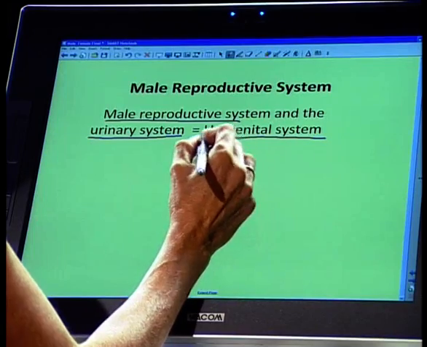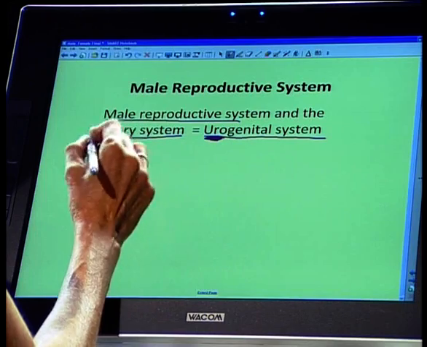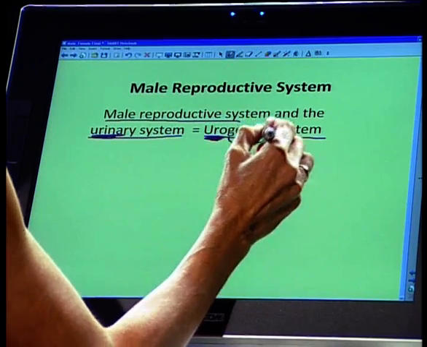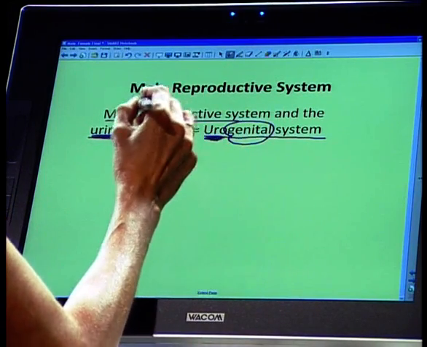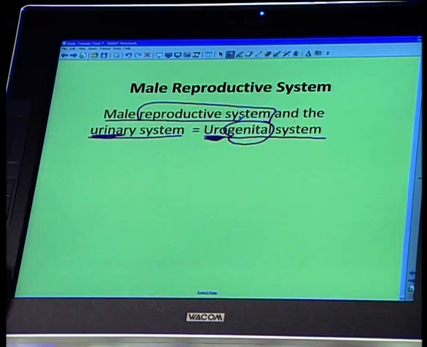So that's why we call it the uro, for urology, which is part of the urinary system, and genital because that is part of the reproductive system. So urogenital system. And remember, because urine passes through that same tube, through the urethra, which is part of the urinary system and the kidney system and the excretory system, you are going to have little traces of urine inside the urethra.